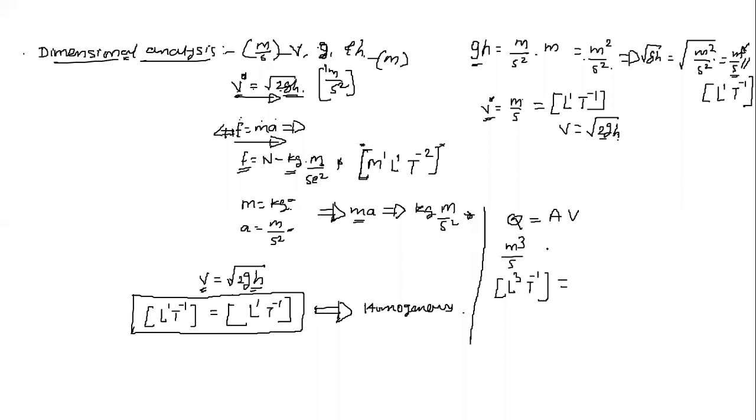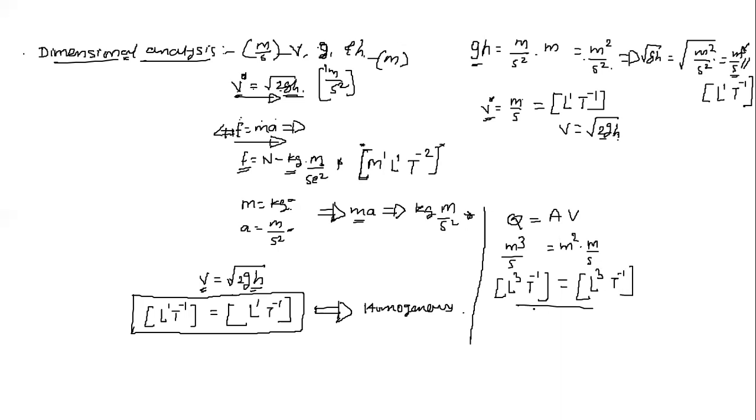Discharge is equal to area into velocity. Area has the unit square meter, and velocity has the unit meter per second. It means meter square into meter, ultimately meter cube per second. Meter cube is nothing but L cube, because meter is involved with the fundamental dimension length, and second is involved with time, so that is T raised to minus 1.